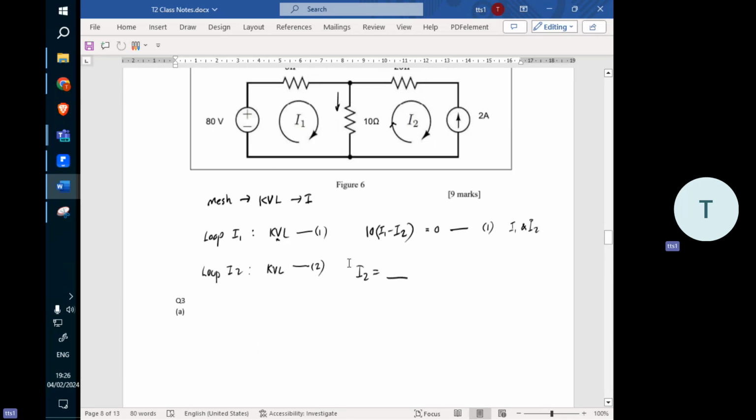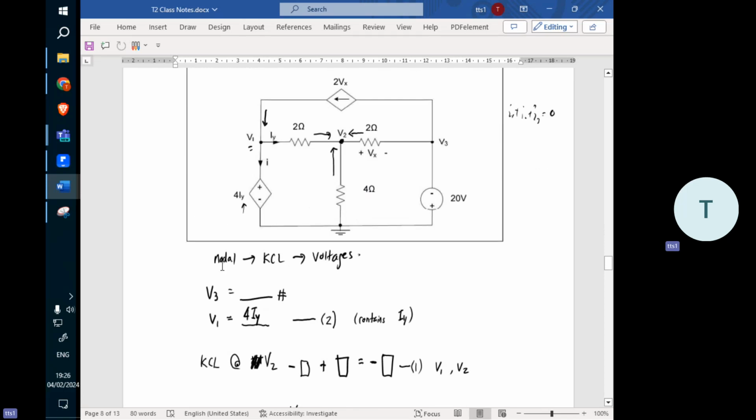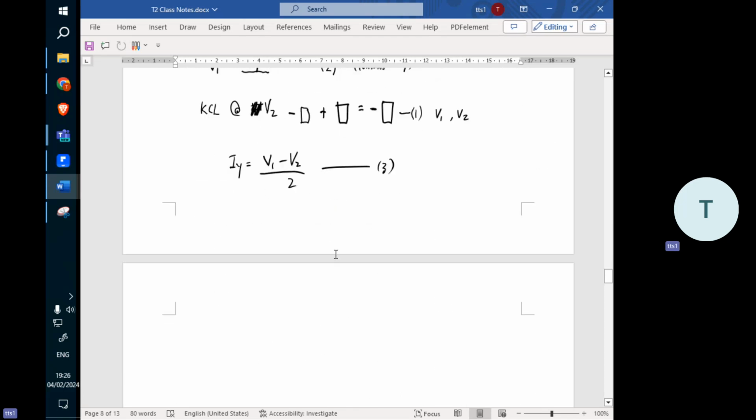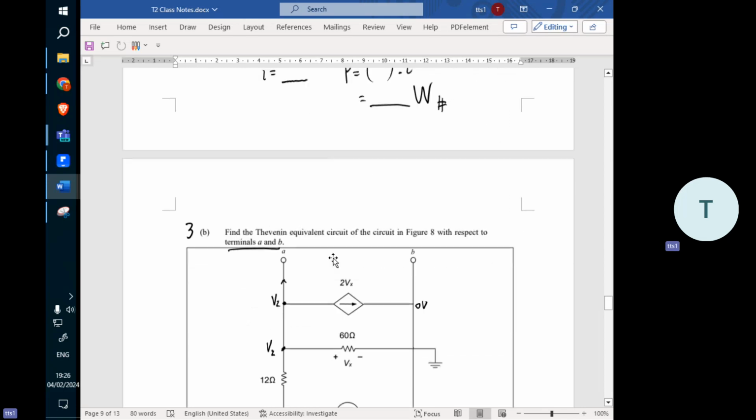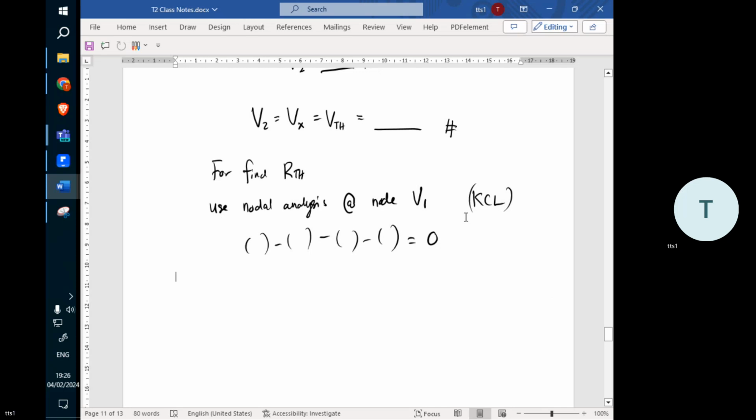Mesh is to use KVL to find current. Just remember all these rules. Nodal is to use the KCL to find voltages. So here to find RTH, we use the KCL. This is a KCL, okay?